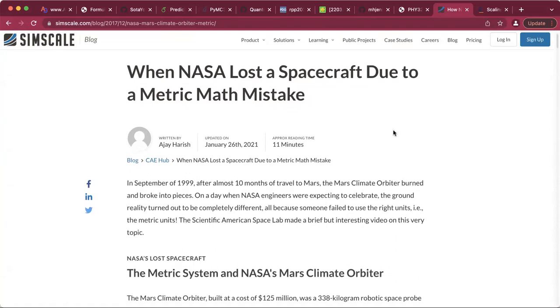But this was because NASA used the metric system as units, and Lockheed, which produced this climate orbiter, as it's called, used the imperial system. In the codes, there was a conversion which was done wrongly. The price tag for this was something like $125 million for having lost this spacecraft close to Mars.